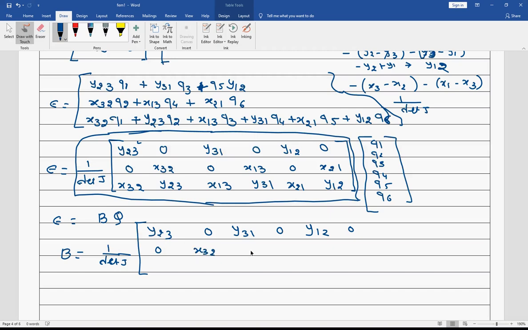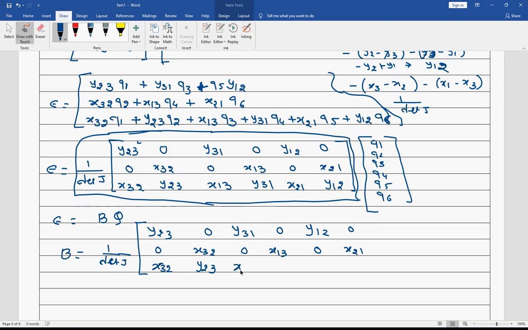So for x it is 3, 2, okay, put the 0. For this exactly x for the reversing, x13, put 0, and for this x you exactly go for the opposite, x21. Now what about this? So this x23 is going to come here, okay, and this y23 is going to come here.